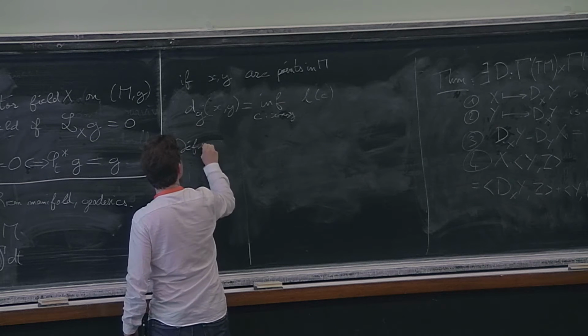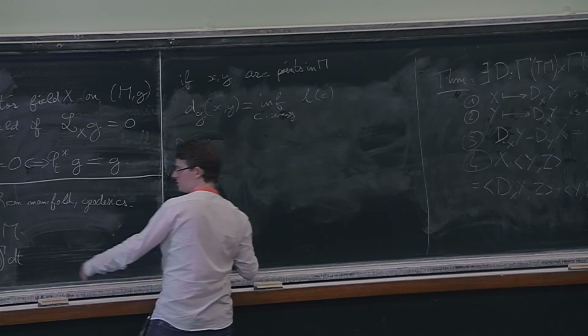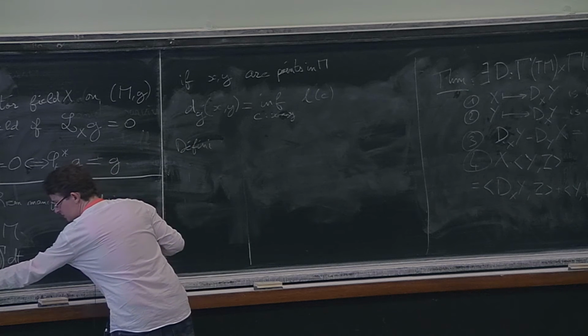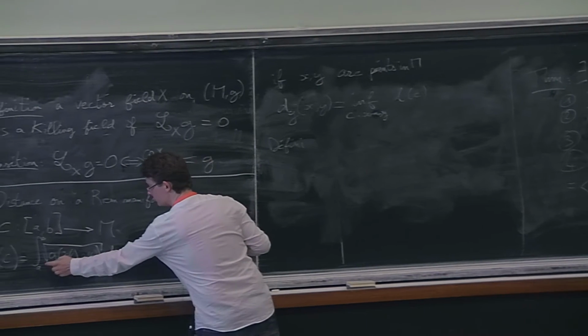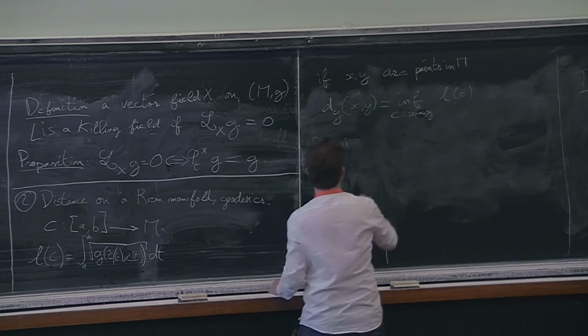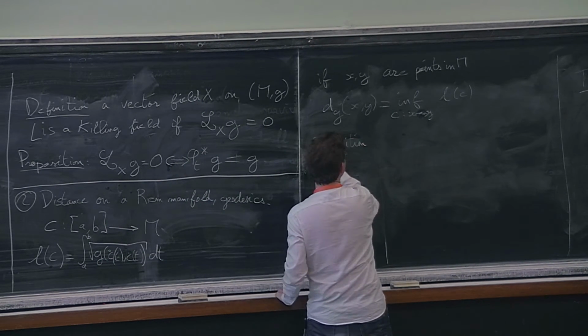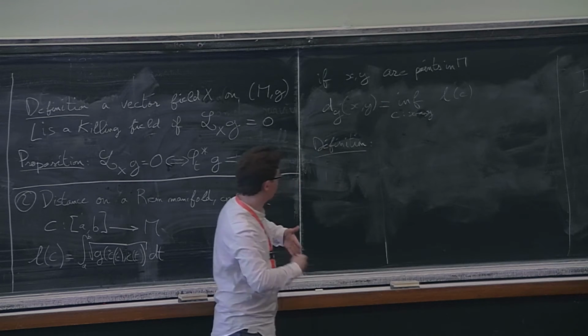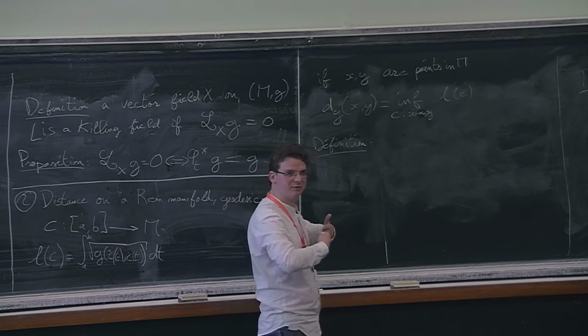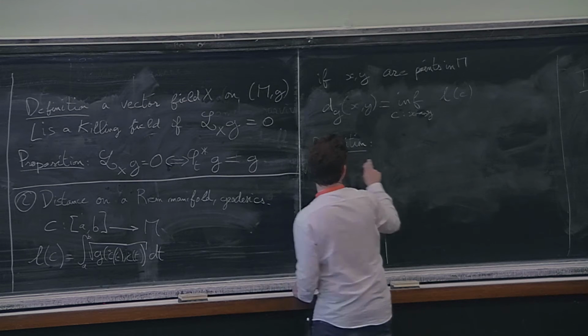Take the Euler-Lagrange equation, not of this, but of the kinetic energy of the curve. And the two are related. They have, up to reparametrization, more or less the same minimizers.